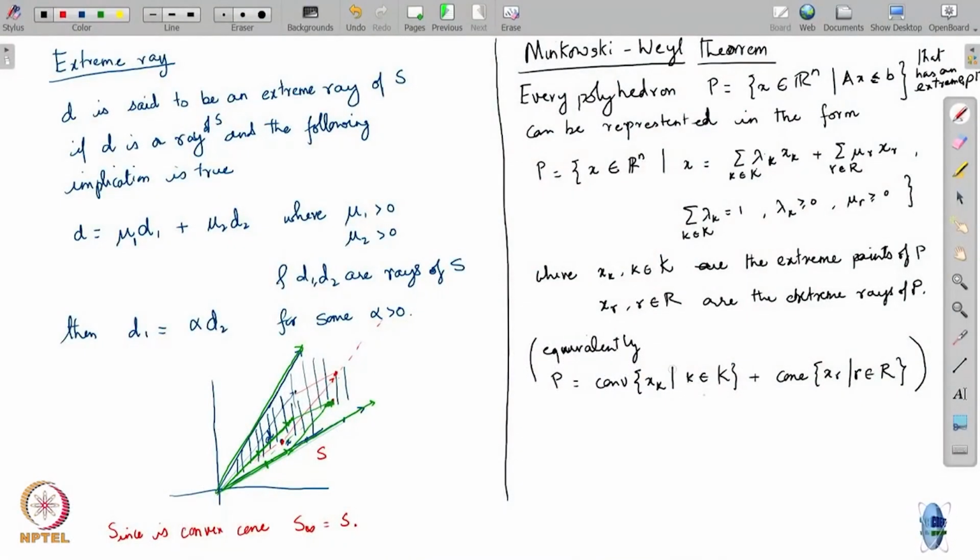So, this is an extremely important theorem, because it gives us in one shot a way of viewing all polyhedra. Every polyhedron is basically a polytope, which is a bounded polyhedron created from just the extreme points, translated along the cone created by its extreme rays. Right.